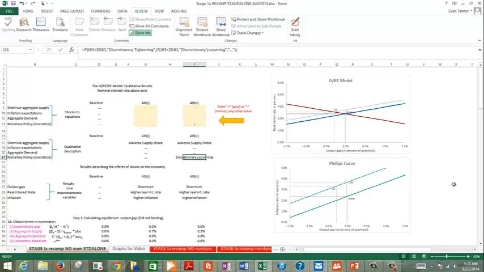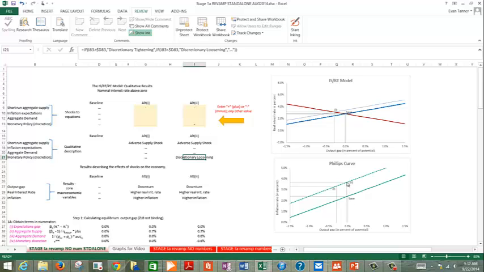If the public doesn't have sufficient confidence in the central bank's commitment to its long-run target, inflationary expectations can be sticky.